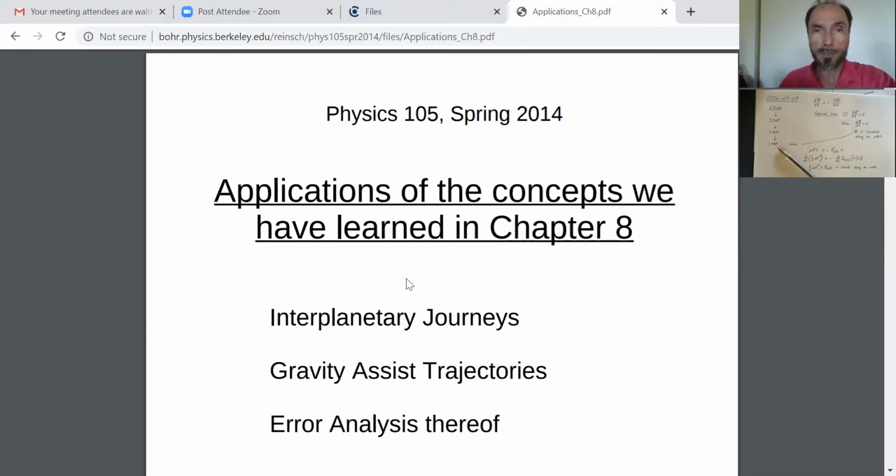Okay, so we're going to talk about these wonderful things that we have learned in Chapter 8 and talk about interplanetary journeys, gravity assist trajectories. This is very important. It's a technique that is widely used. And then error analysis, okay? It's necessary to do an error analysis. We have to understand how accurate these trajectories are.